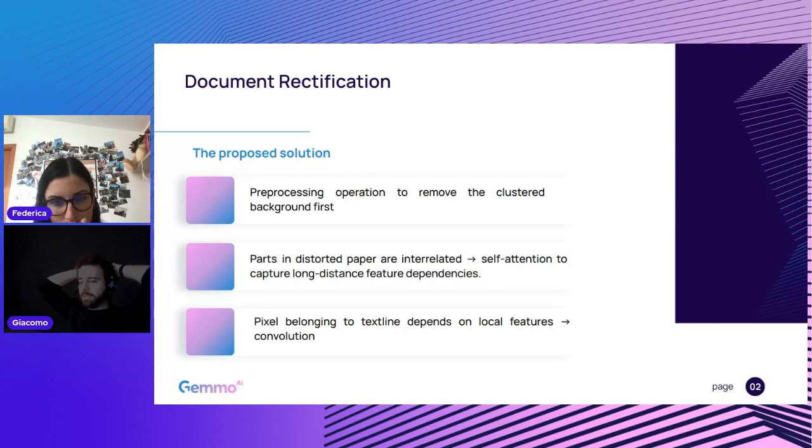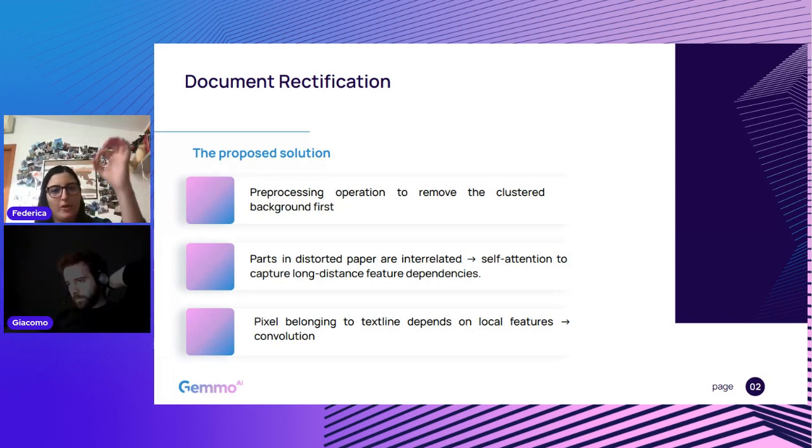Sorry, I have a question. Long distance, here is actual physical distance? So a point in the upper left and a point bottom right. So they are distant, and we are trying to capture the dependency between these two points, or something like that? Yeah, essentially.